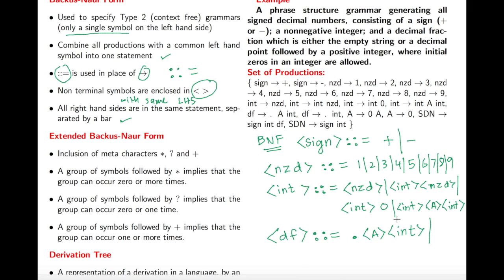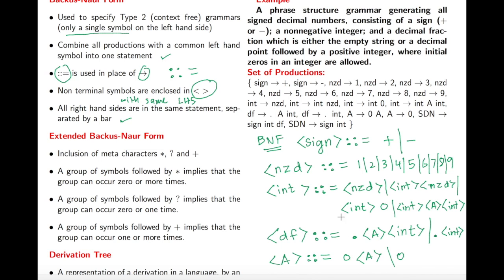Then again a bar, and the next one is decimal point and int. Then we have a. A is again non-terminal, and for a I can say 0, because 0 is terminal.